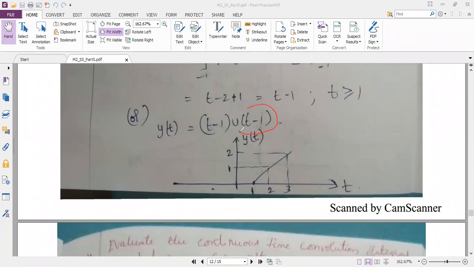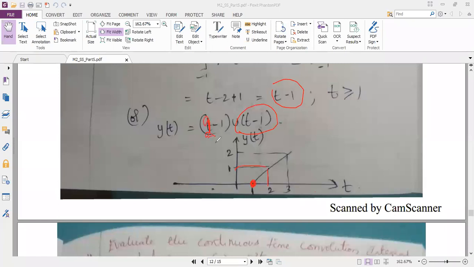So your answer is t minus 1 multiplied with u of t minus 1. As we know, the graph should start only from 1. So when t is 1, if I substitute here, 1 minus 1 is 0. So I am getting 0. When t is 2, 2 minus 1 is 1, so my amplitude is 1.